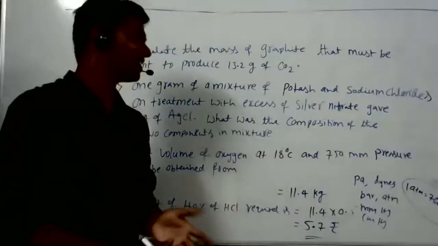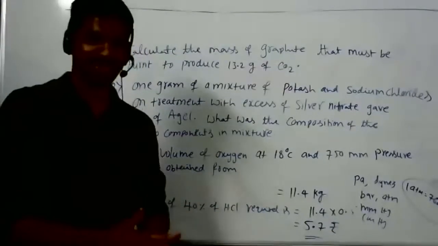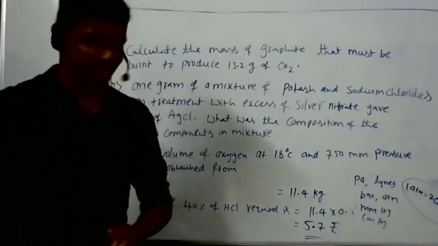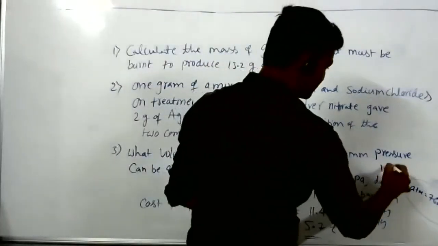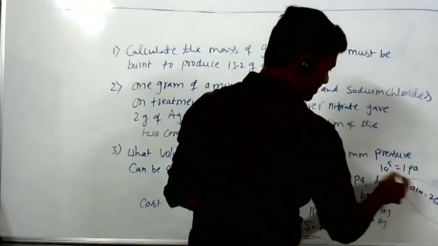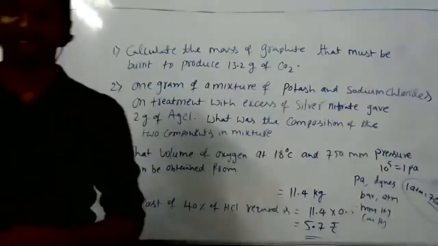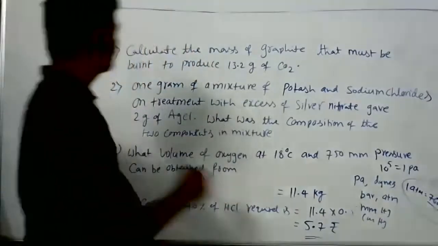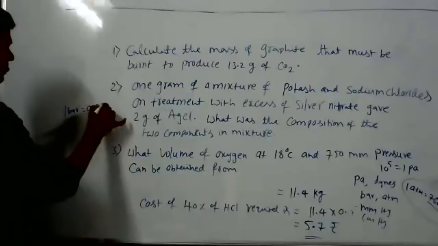Tell me, 1 atmosphere is equal to how many pascals? 10 to the power 5 dynes is equal to 1 pascal. This is equal to 760 mm of Hg, that is 1 atmosphere. But between a bar and an atmosphere, a small change comes. 1 bar is equal to 0.987 atmospheres.